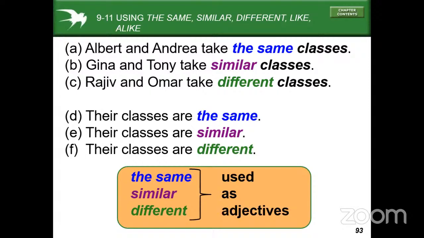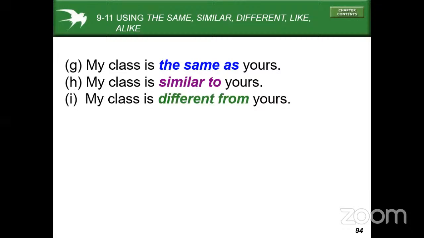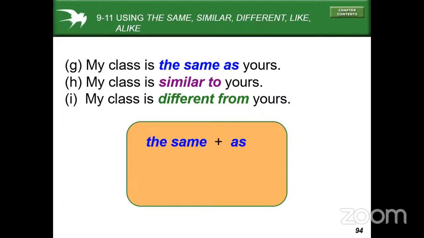The same, similar, and different used as adjectives. My class is the same as yours. My class is similar to yours, you can say. My class is different from yours. The same plus as, similar to, different from.